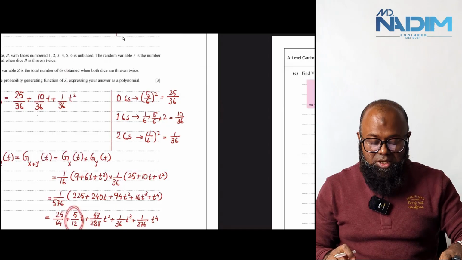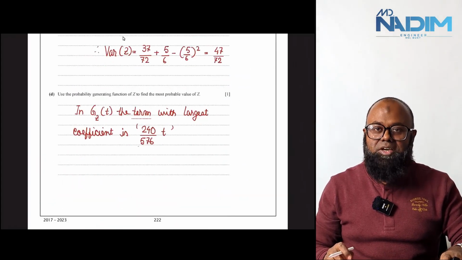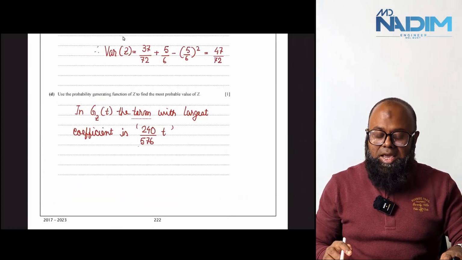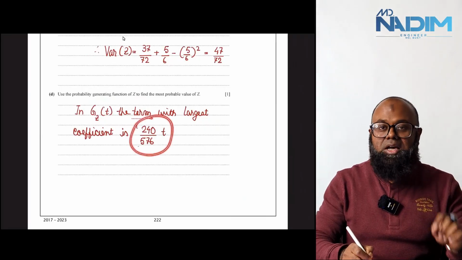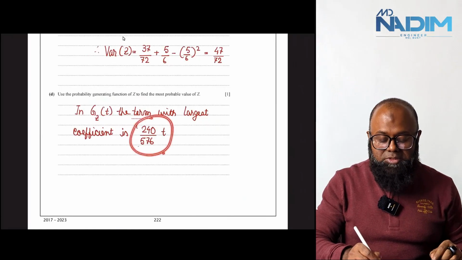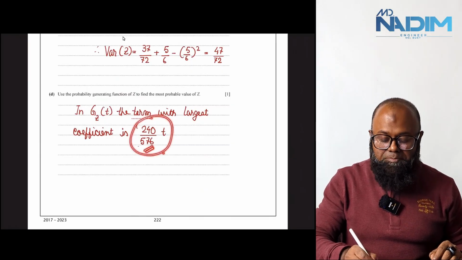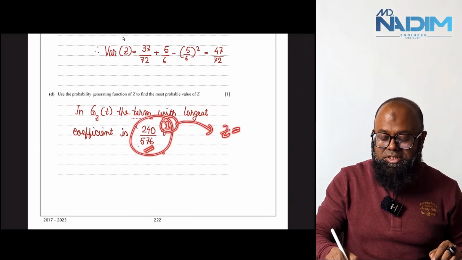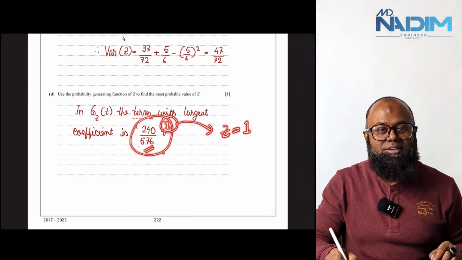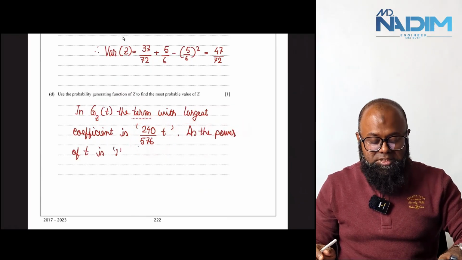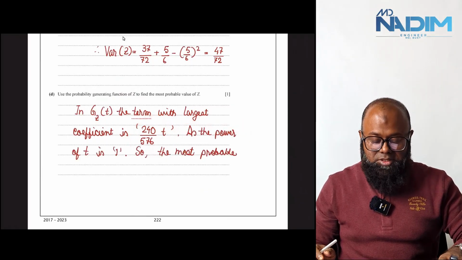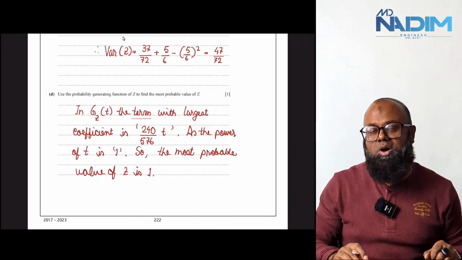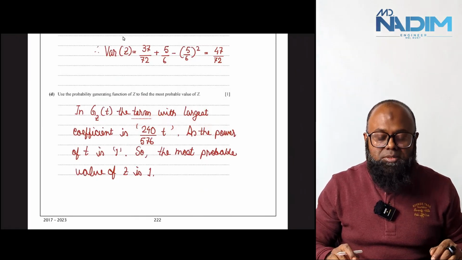So it is 240/576 t. And if I take this term, I understand the probability here is this, and the power of t will give me the value of z. That means z is equal to 1. So as the power of t is 1, that means the most probable value of z is 1. The concept is very simple.